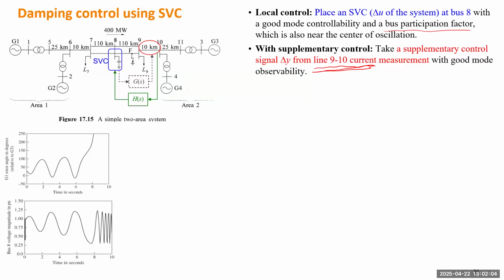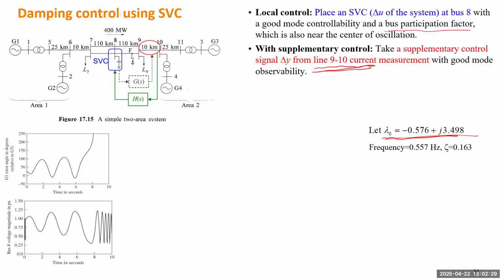Okay, so G(s) will be the original system, H(s) will be the feedback control. So it will form a negative feedback loop, and then we can design the dominant eigenvalue for that control loop. For instance, if this is our desired eigenvalue, this is not what's already happening on the system.